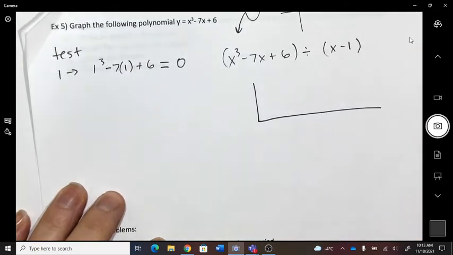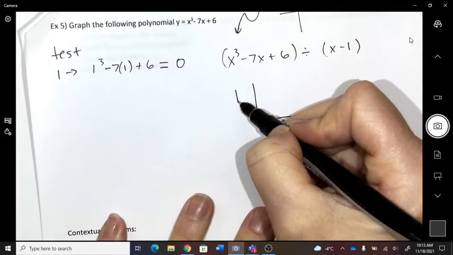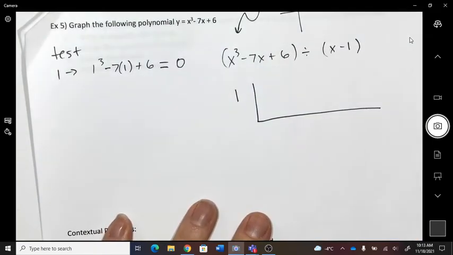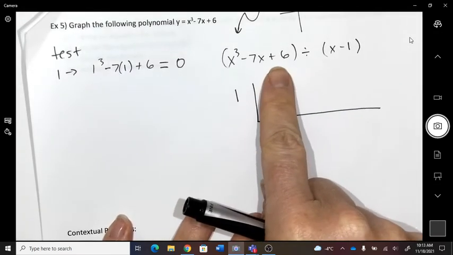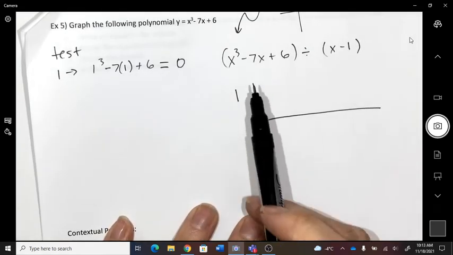Okay, so let's set it up. On the outside, I put the value, positive 1. Coefficient-wise, is there any zeros? Yeah, there's a squared that's missing, right?